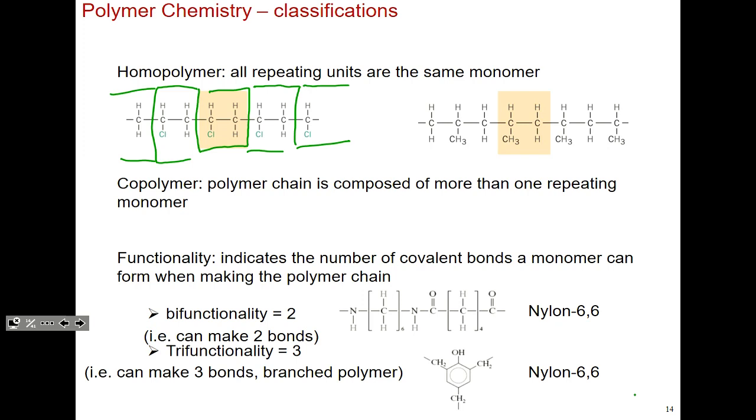Now, if they're not, then we call that a copolymer. And you can have two. The cases that we'll deal with here are just two different types of mers bonded together and polymerized. Obviously, you can get much more complex. We're going to stay away from that just to focus on the concepts and not really on the chemistry.